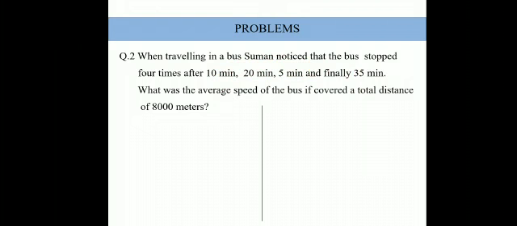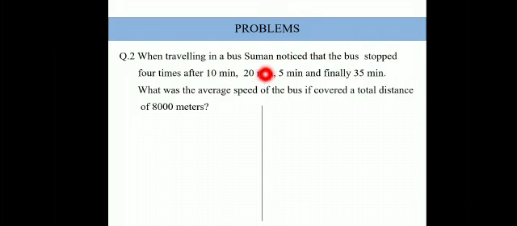Now, what was the average speed of the bus? Because the bus stopped many times, definitely it was not traveling with a constant speed. Because the speed is not constant, the motion is non-uniform motion. So we cannot calculate a single speed. We can calculate speed only for this distance, or this distance, or this distance. Each will have a different speed.